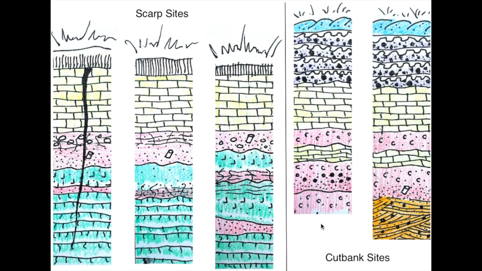We're trying to answer the question of whether or not these pink units are distal flood units. Are these flood sediments that are coming through the landscape, but we're just far enough off the high energy channels in the pre-Wisconsin period?